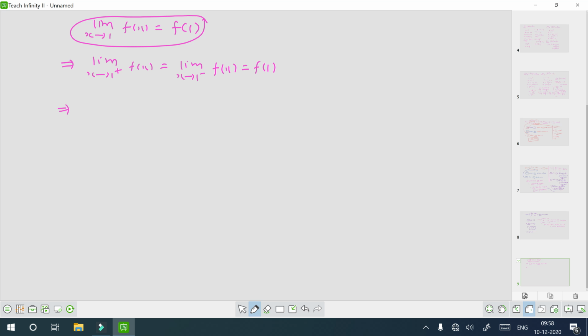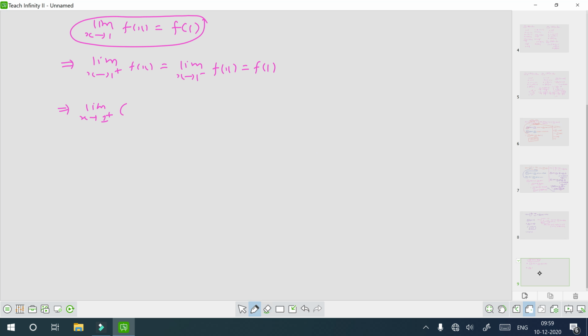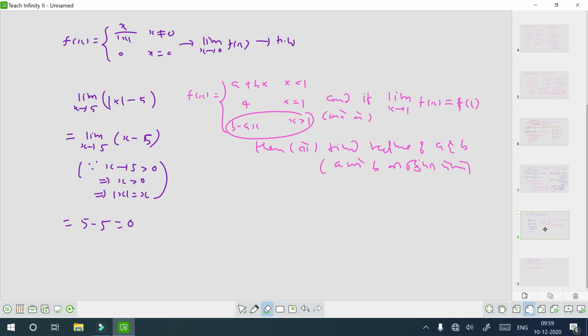This implies limit x tends to 1 plus. Now see, what is f(x)? For x greater than 1, it is b minus ax. So here what you have to write? b minus ax is equal to limit x tends to 1 minus f(x). For x less than 1, what is f of x? a plus bx.